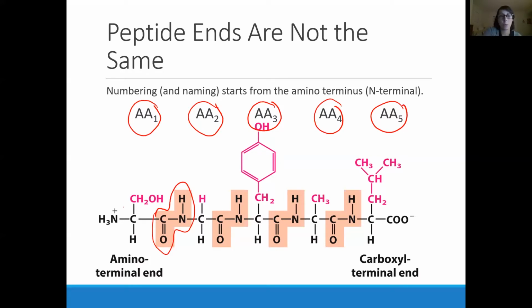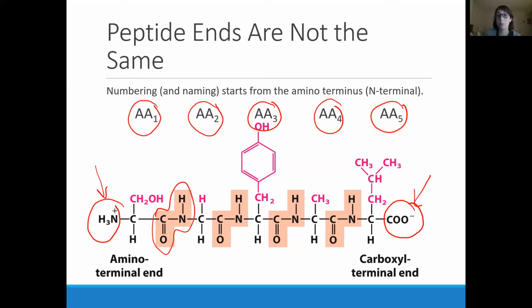That is the end where the amino group that has not been linked sticks out. This is an NH3 plus group. The other end is the carboxyl terminal end, where our last COO minus, again unlinked, the end of the chain, is sticking out.